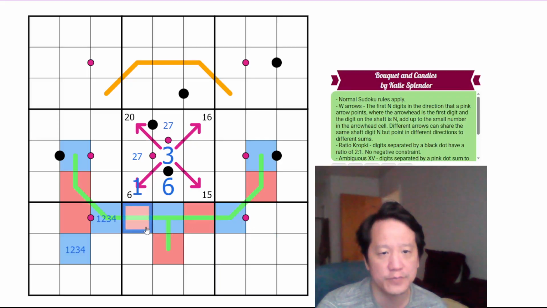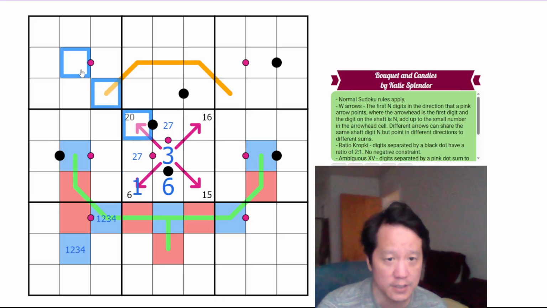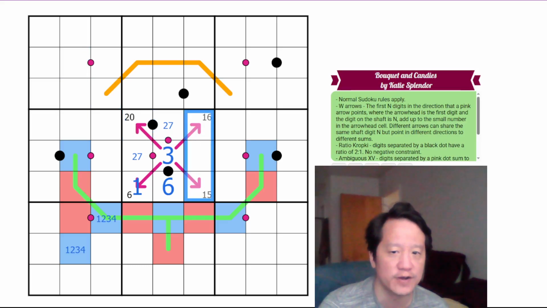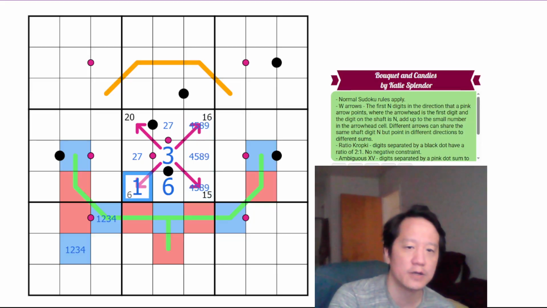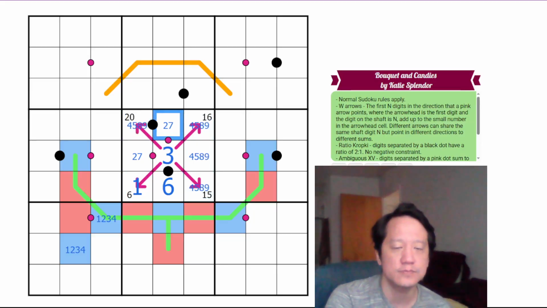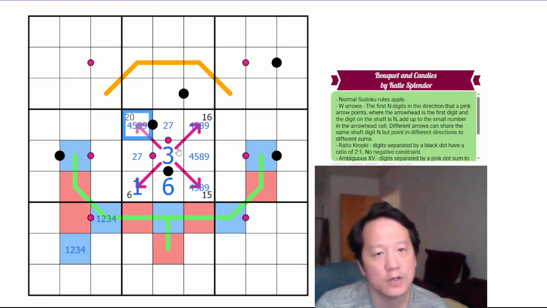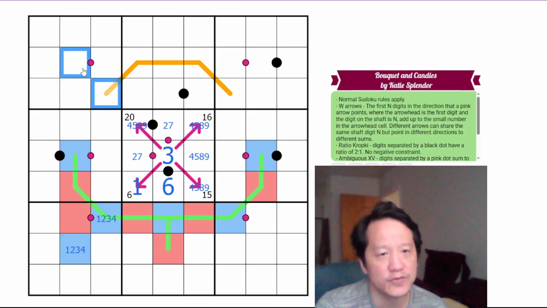Anyways, so this adds up to 6, this adds up to 20, and the remaining digits in the central box have to be 4, 5, 8, 9. Okay. This cannot be... well, it could be 4 if this is 7 and 9. 5 works with 6, 9, or 7, 8.